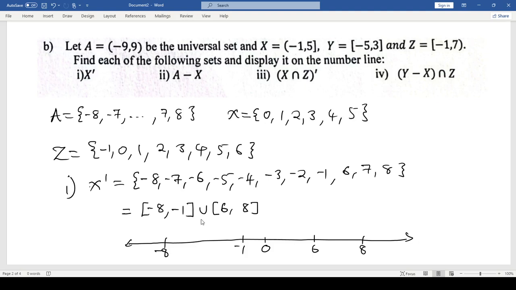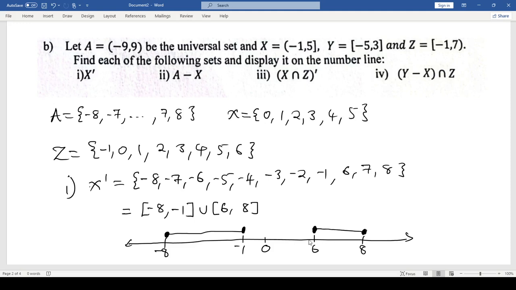Displaying this on the number line, since 8 is included, we make a solid dot here. We also make a solid dot on negative 1 because it's included in the required set on this side. 6 is included here, 8 is also included there. So we can just do this, and we also do that.